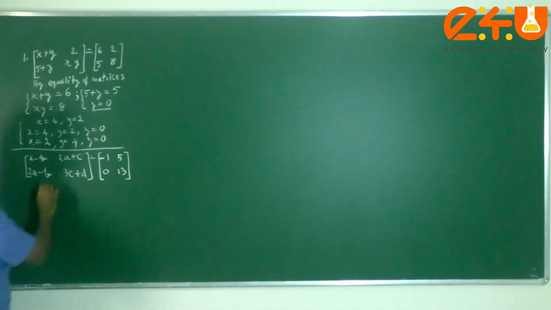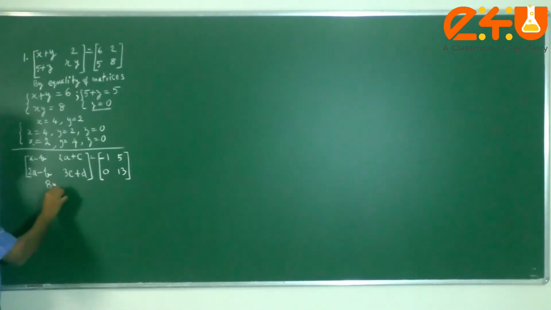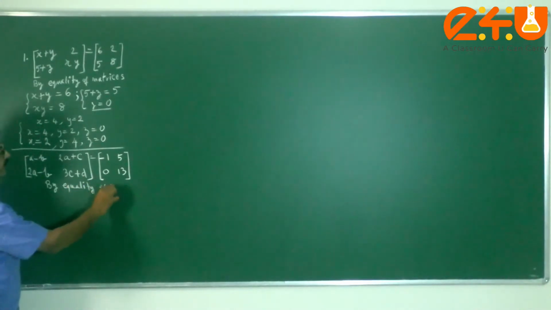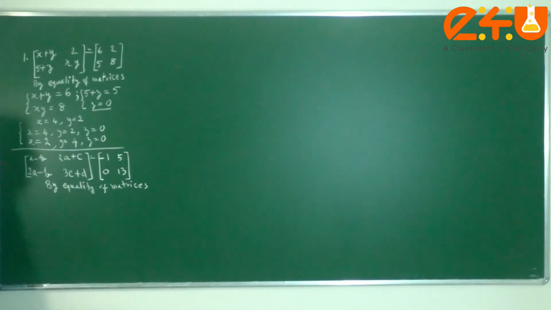Let us apply the principle of equality of matrices. By equality of matrices, what do we get? A minus B is the same as minus 1.